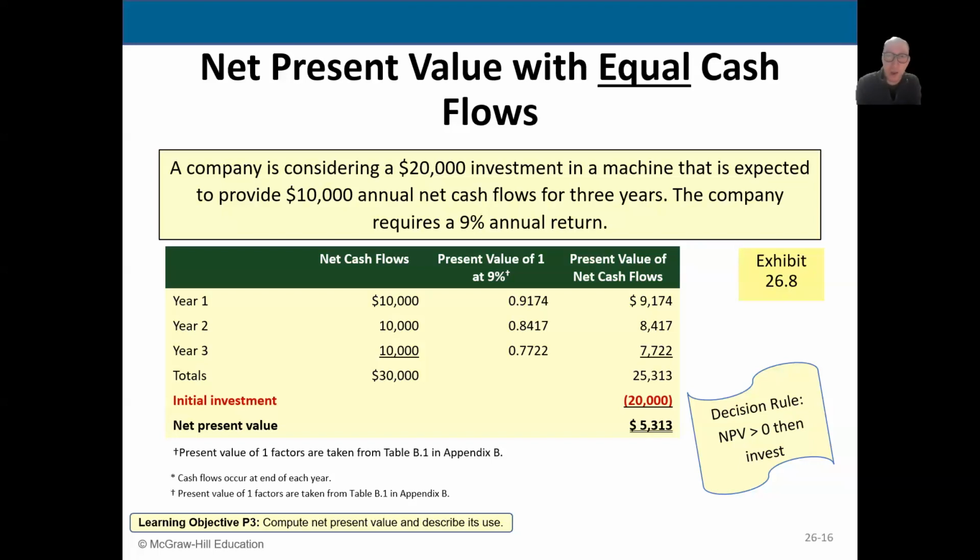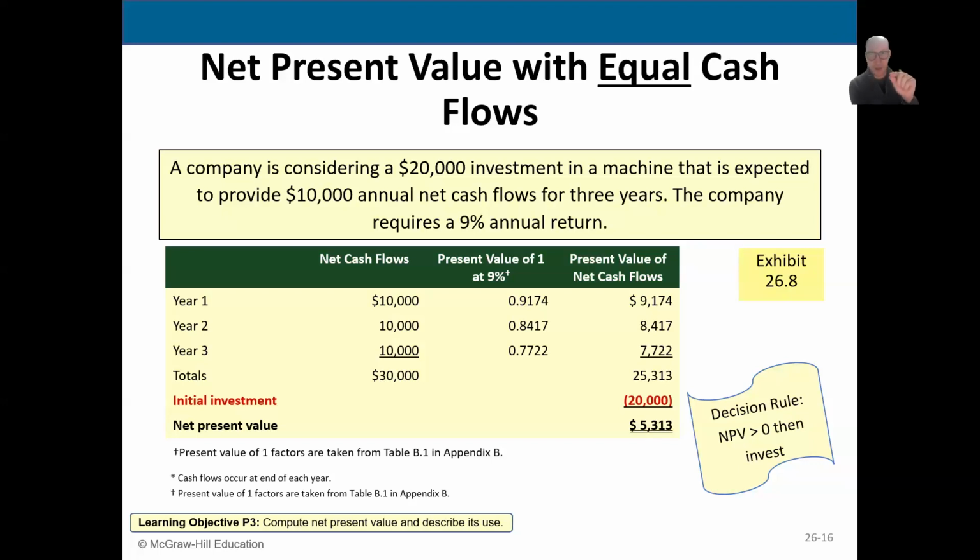So that's one way of doing it. Very simple. Use a financial calculator. Another way to do it is to use Excel. You'll be able to get the same response. We also have a table, which is commonly used.